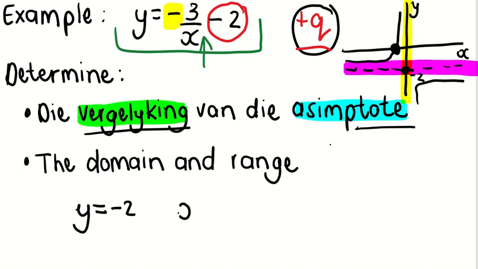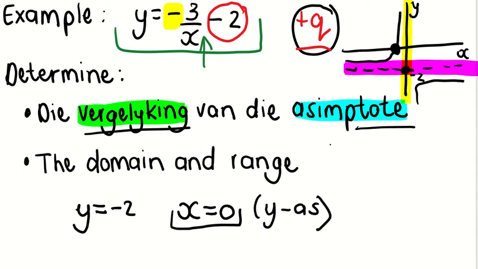En dit is dan waar x is gelyk aan 0. And that is actually the y-axis. So dit is die y-as eintlik. Okay, maar vir elke vragie vir die jaar kan jy net skryf die asymptoot x is gelyk aan 0. And then obviously the y will be influenced by the value of Q.